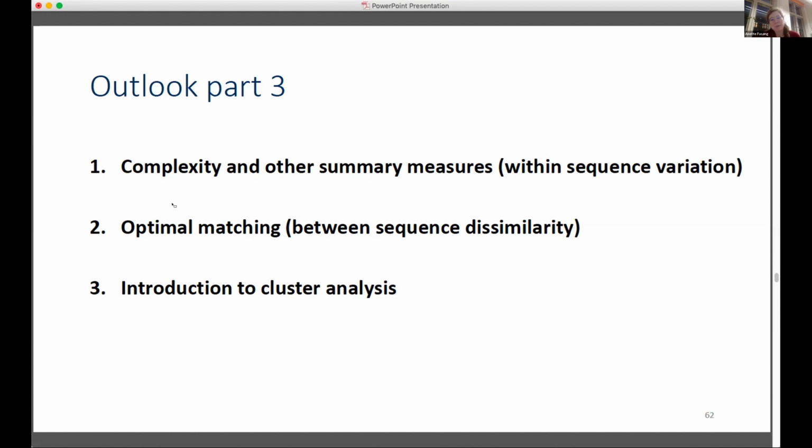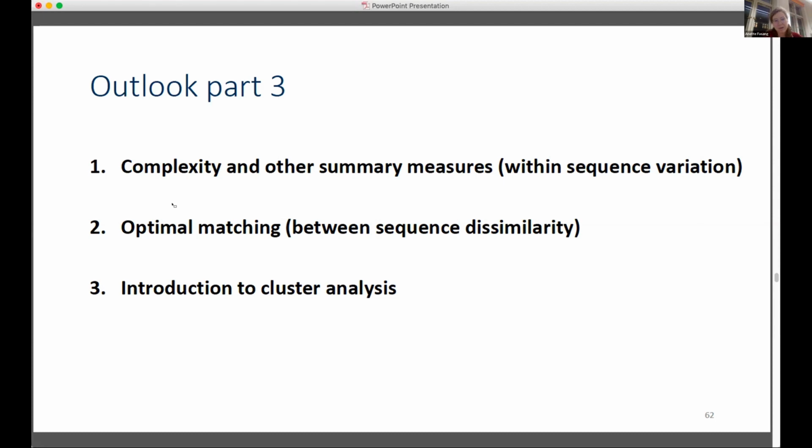The other way of analyzing sequences, and this is what we have to do to, in the end, get to a typology, is looking at between sequence dissimilarity. So to find two group sequences that are similar or that are different, we focus on between sequence differences, and here the most prominent method is optimal matching, but there are others, but we will only focus on optimal matching today.